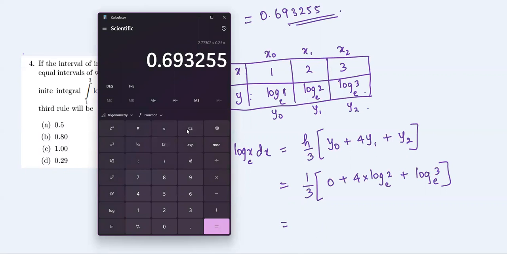So now let's calculate this one. Log 2 is this, multiplied by 4 gives this, plus log 3 is this, divided by 3.